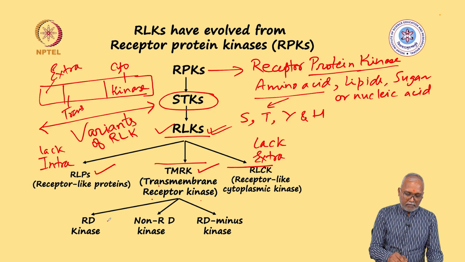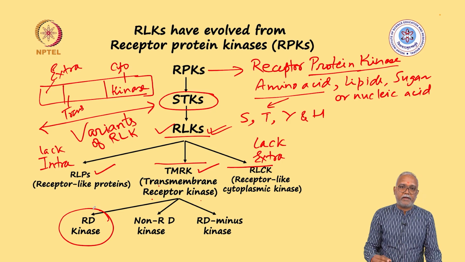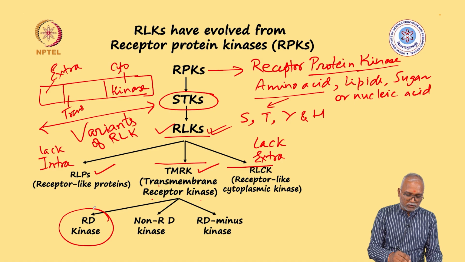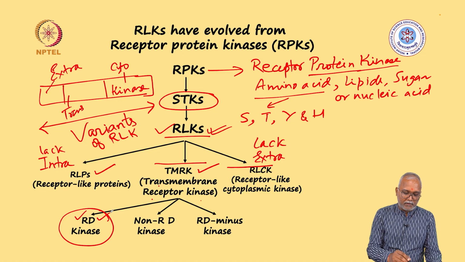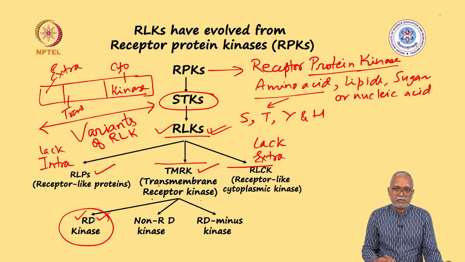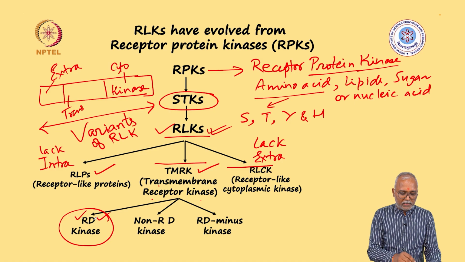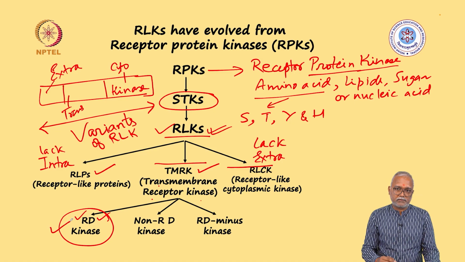The ones with actual kinase properties have two importantly conserved residues, arginine and aspartate. At a very precise location in their three-dimensional fold, they have arginine and aspartate residues. Those are called RD kinases.